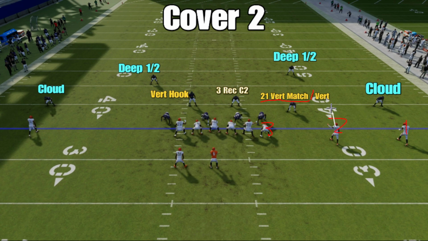So if we were to get something like this, he will actually match this route. Okay. And if we were to get something like this, where he goes vertical, but he stays under, well, then he just plays regular vert. Okay.